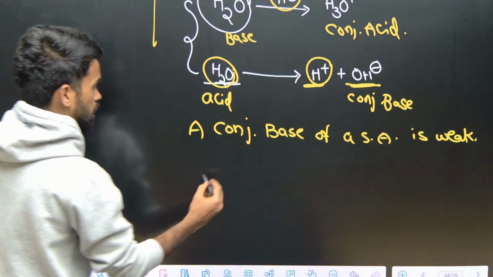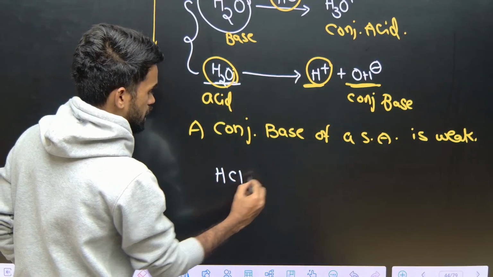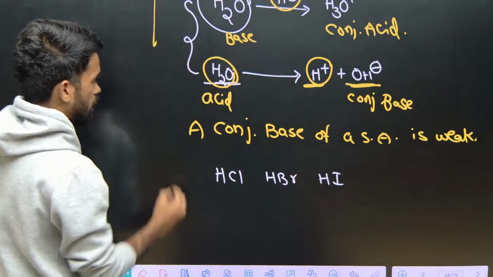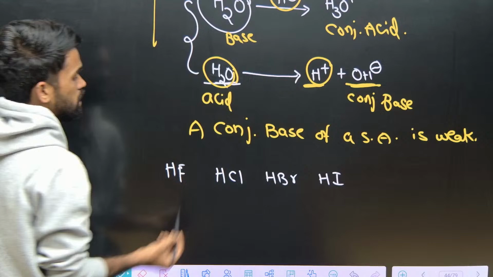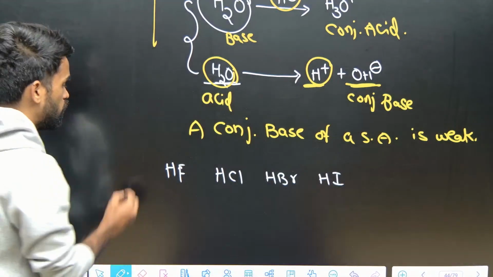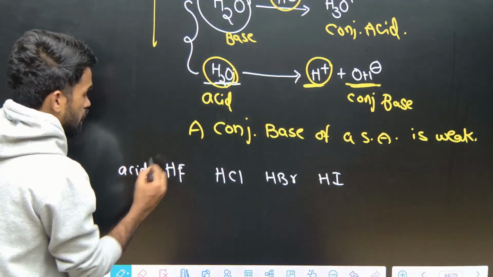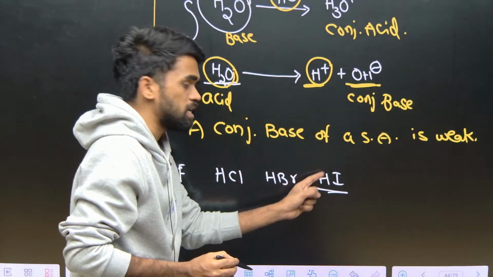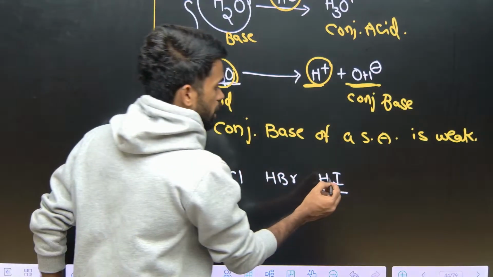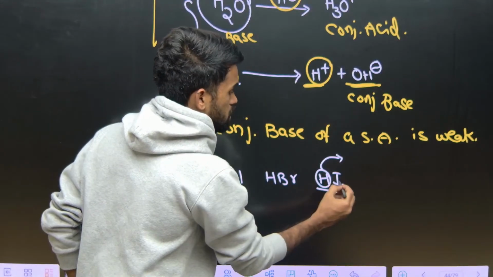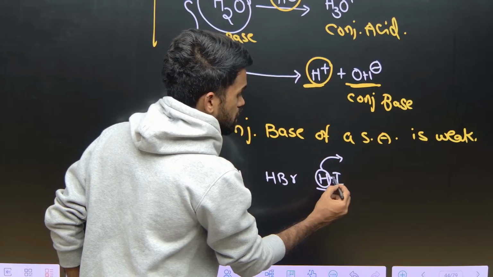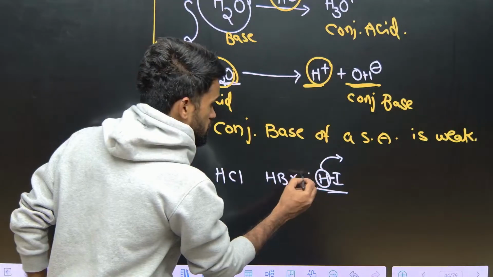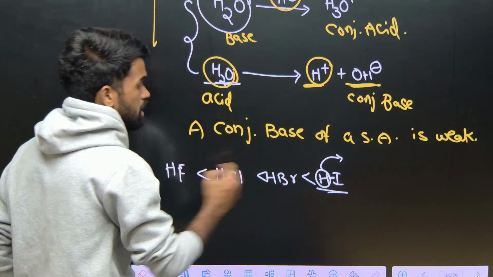I am giving you HF, HCl, HBr, HI. If they ask what will be the acidic strength order, HI is the strongest acid because of the larger difference in size between H and I minus, therefore the H plus ion is released easily. The weaker bond is there, that's why H plus ion comes out easily. So this is the stronger acid, and this will be the acidic strength order.